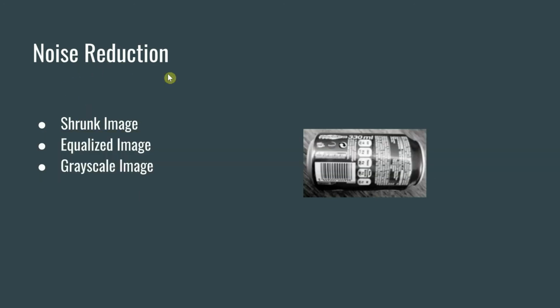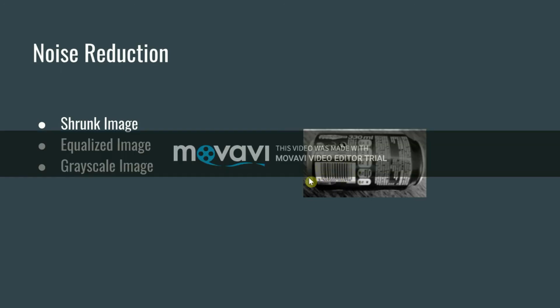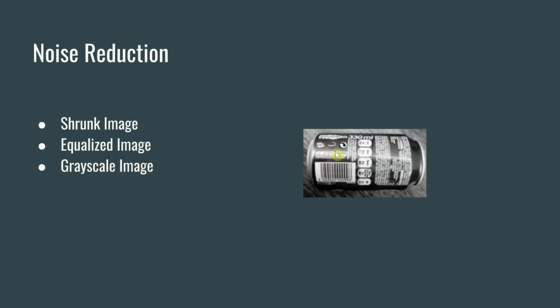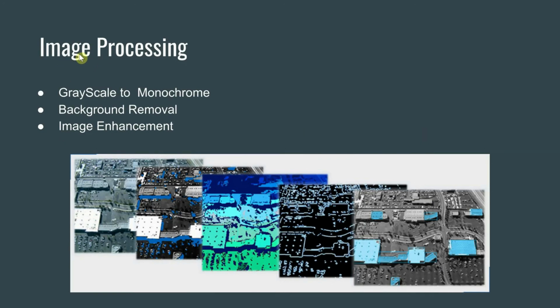We tried to reduce the noise by shrinking the image, so if we zoom in, we're able to see the barcode better. We equalized the image. The grayscale image command was really helpful in MATLAB for reducing the noise and also for working on our image processing.